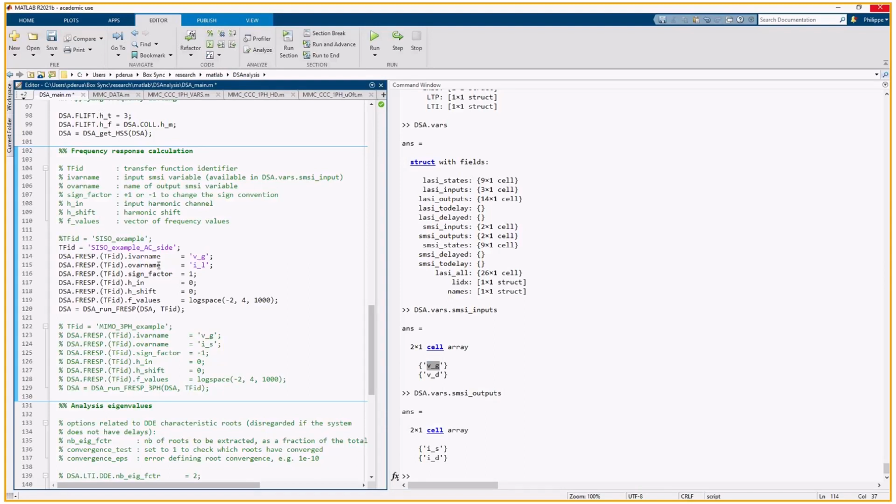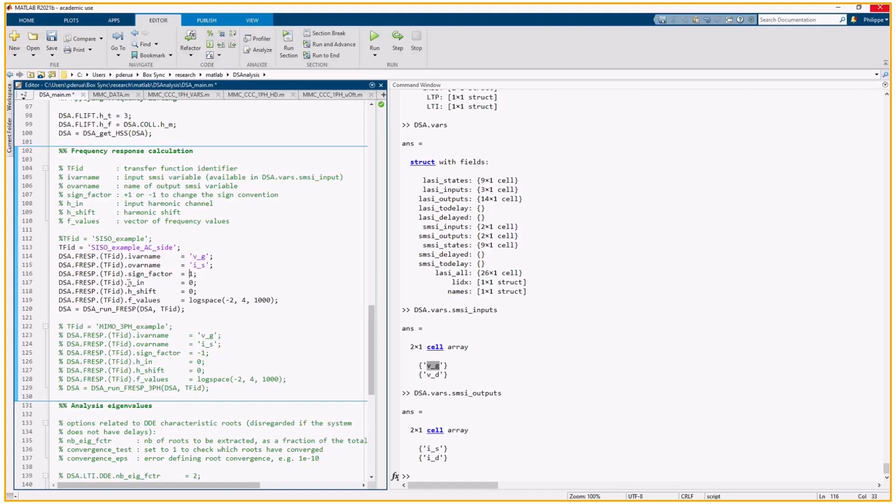O, a variable name, is for the outputs, and my outputs will be this alternating current. Sign factor can be +1 or -1 depending on whether you want a load convention or a generator convention for your frequency response. And then we also have H-in.